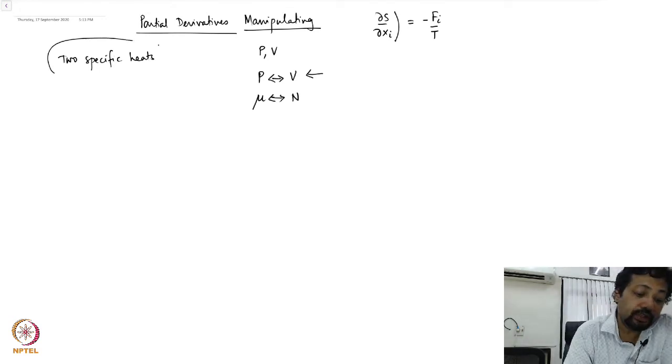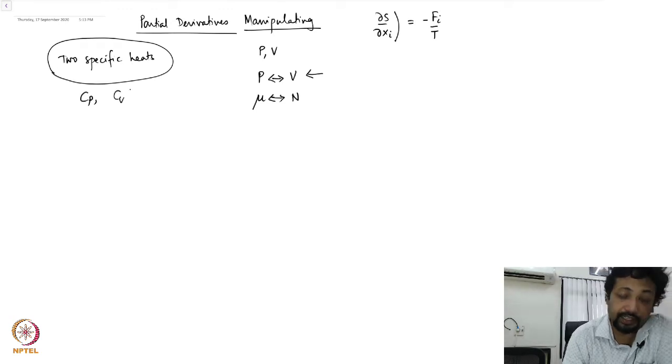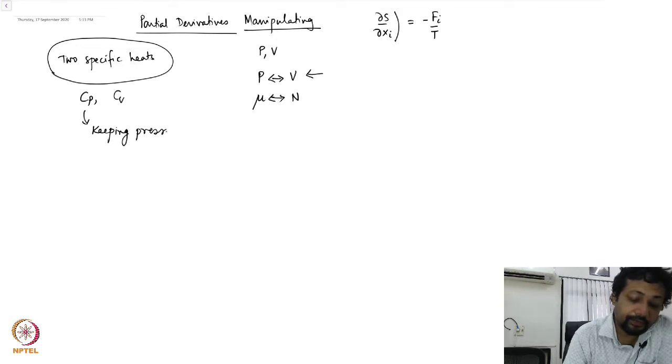one defines specific heats as Cp and Cv. So essentially this is a specific heat that is defined by keeping pressure constant, and this is the specific heat that is defined by keeping volume constant.